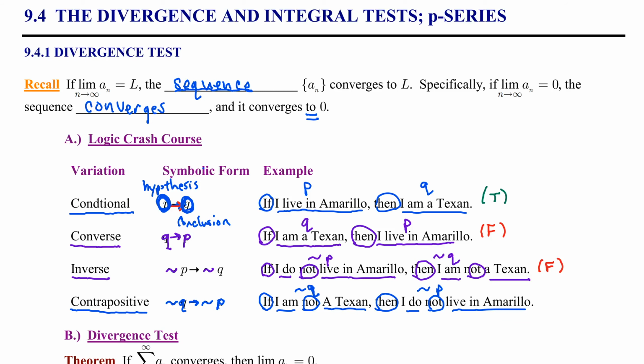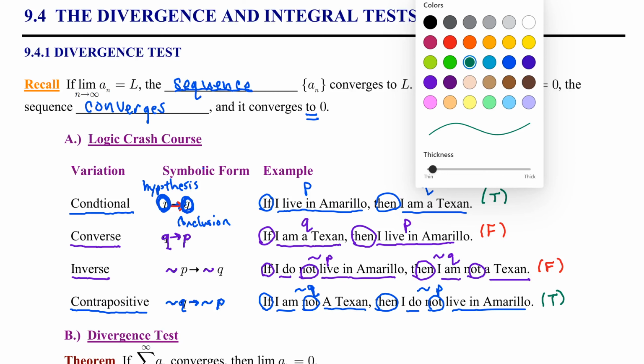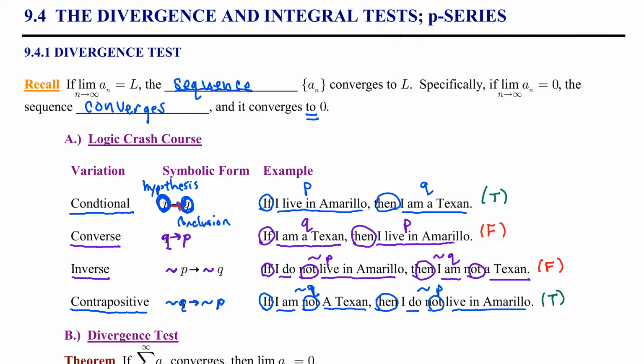Is that true or false? Well, that's true. If you're not a Texan, then that excludes the possibility that you could live in Amarillo. So of the variations that we've considered here, we can observe that the conditional is equivalent to the contrapositive. In addition, the converse and the inverse are logically equivalent statements.